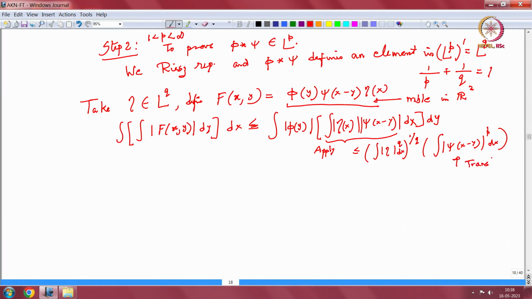After doing this you apply translation, so you have to apply correctly. So this will be norm theta at q into norm psi at p, because you can apply translation. That will come out and then you will get norm phi at 1. So this will be less than or equal to norm phi at 1, norm psi at p, into norm theta at q.